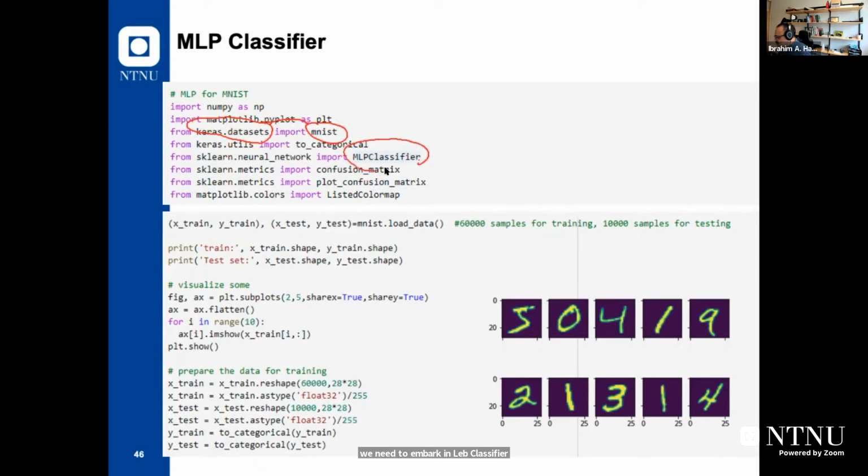We need to get this model, MLPClassifier, from here. We need to import confusion_matrix from sklearn.metrics. We also have a nice function for plotting the confusion matrix, called plot_confusion_matrix, from sklearn.metrics. So this is all, right?